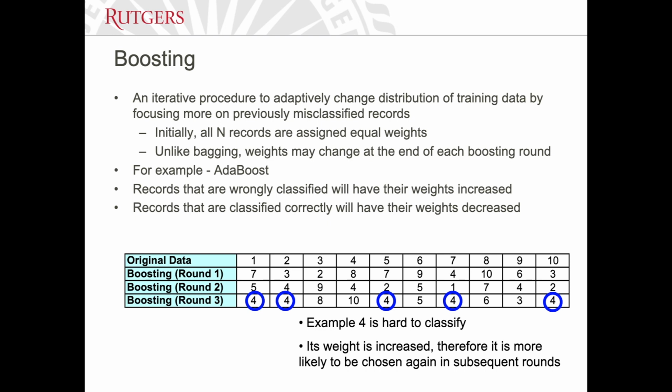Suppose, for example, that example 4 is difficult to classify. Its weight will be increased in the next iteration as it gets misclassified repeatedly. AdaBoost is commonly used for the boosting method.